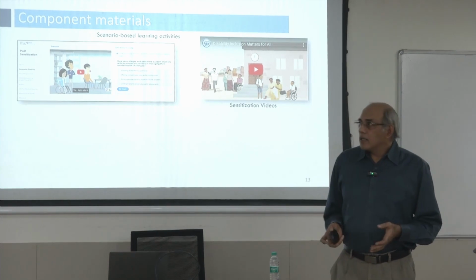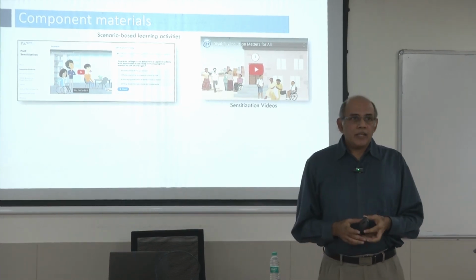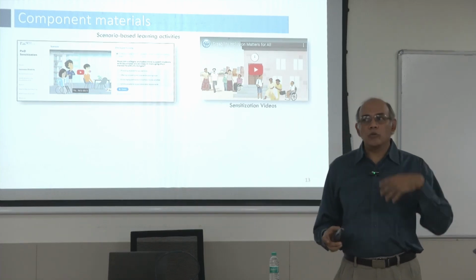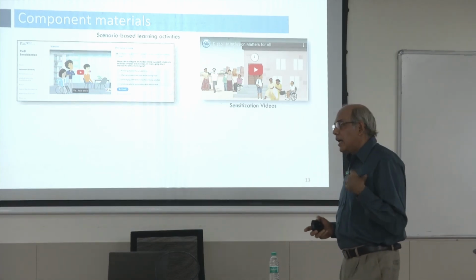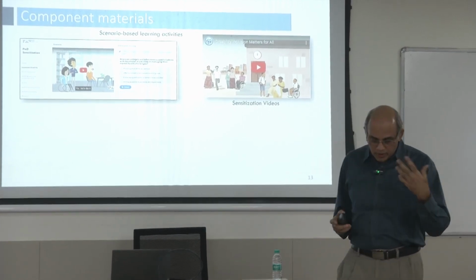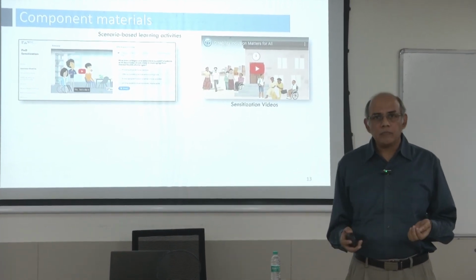And then there were sensitization videos which were created, including experiential ones, where you do an activity which actually helps you to look at things from the other person's point of view.